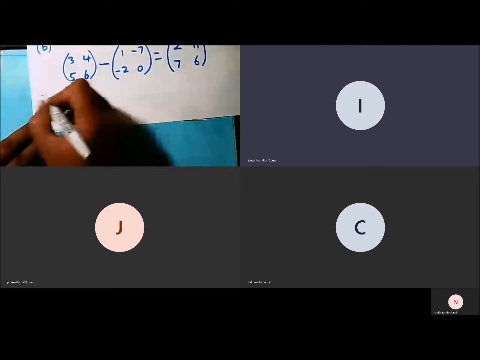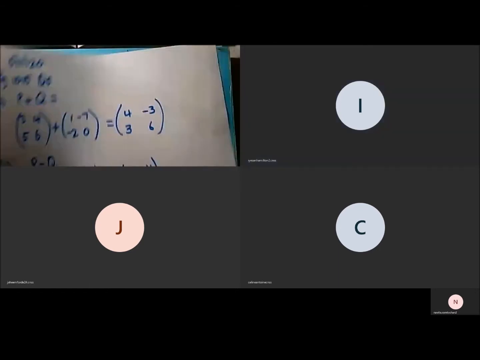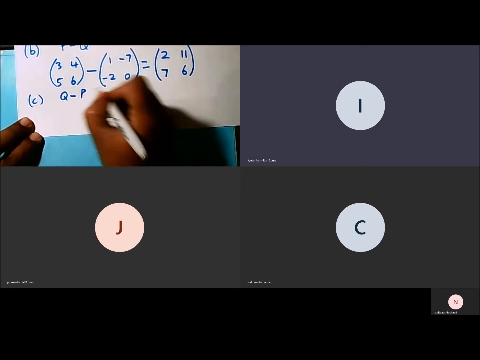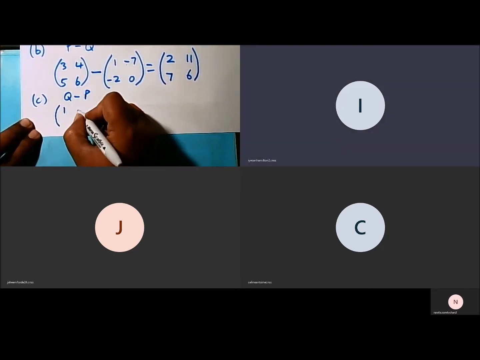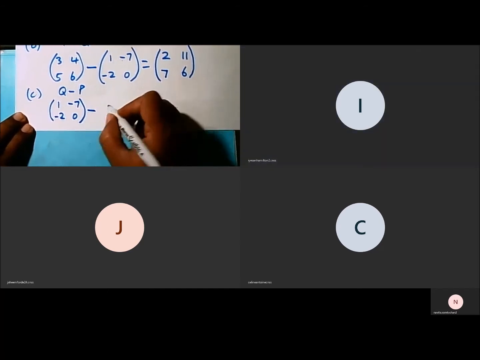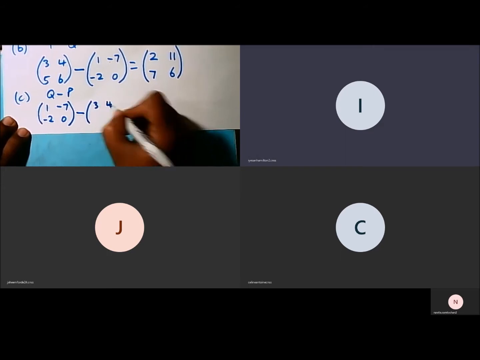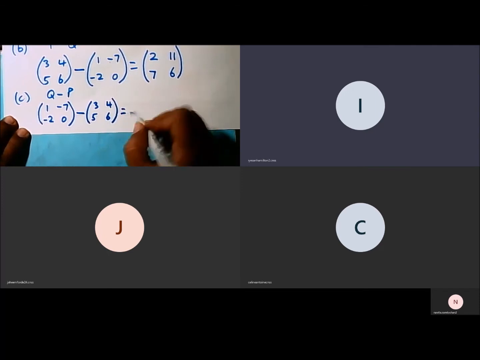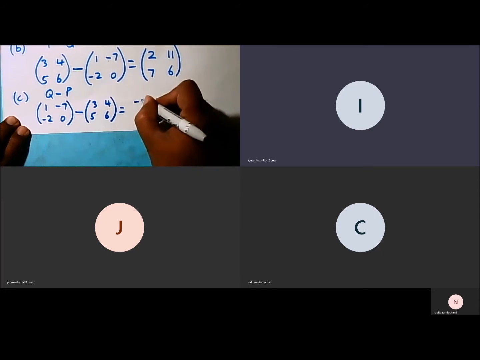Part C is Q minus P. So now Q was 1, minus 7, minus 2, 0. Now put the takeaway sign, and P would be 3, 4, 5, 6. 1 take away 3 would be minus 2.